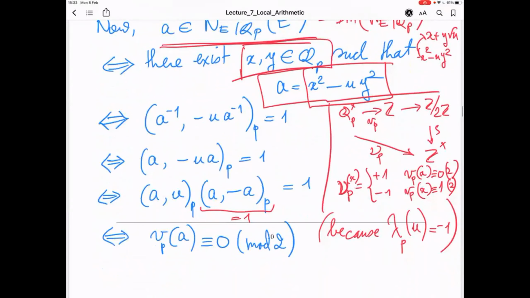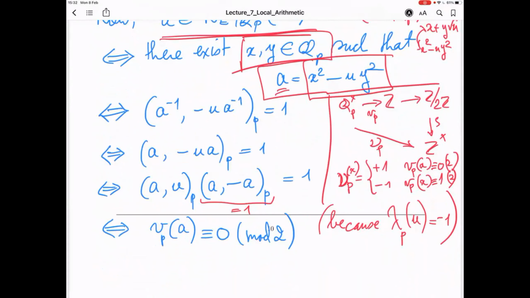Now you take A to the other side, and by the definition of the Hilbert symbol, this condition is equivalent to the fact that this Hilbert symbol should be equal to 1. That's how the Hilbert symbol is connected to the norm map.